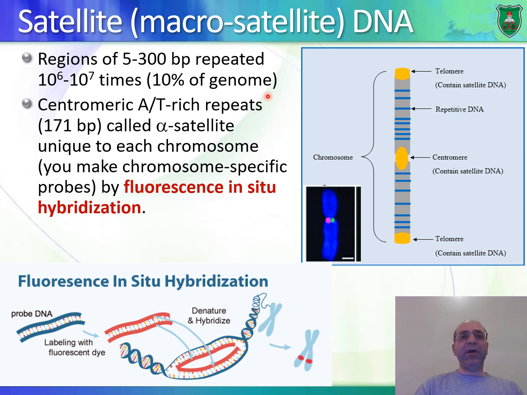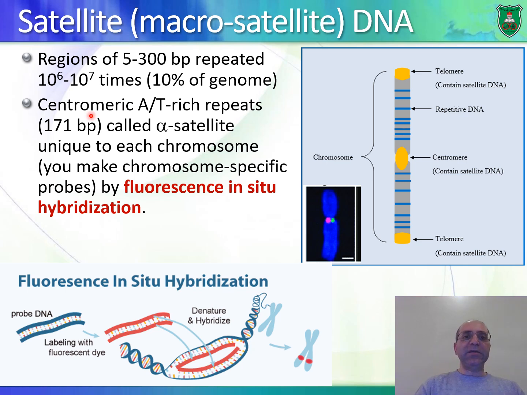And there are different types of satellite DNA. Probably the most common are centromeric repeats. Centromeres are regions that exist within chromosomes. They divide chromosomes into two parts, the short arm and the long arm, the P region, petite, and the Q region for grande.